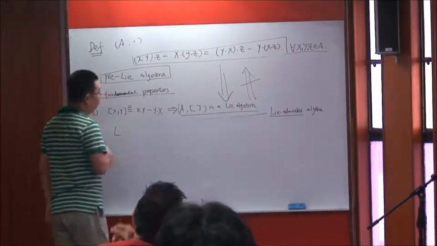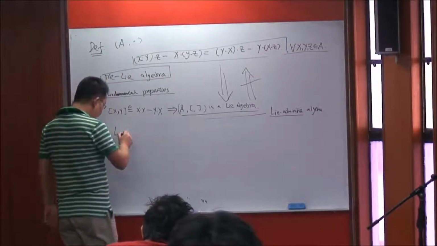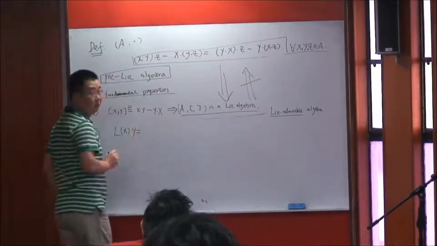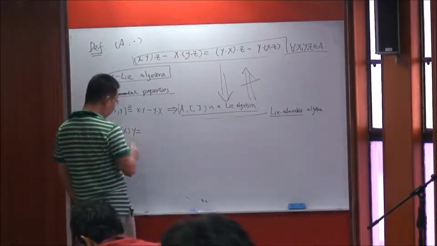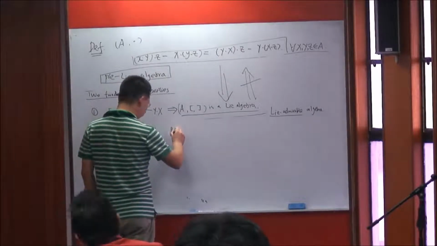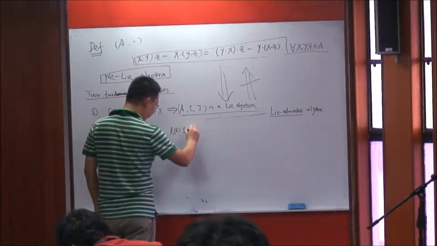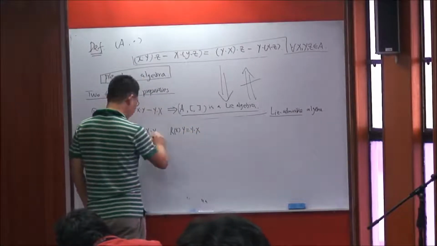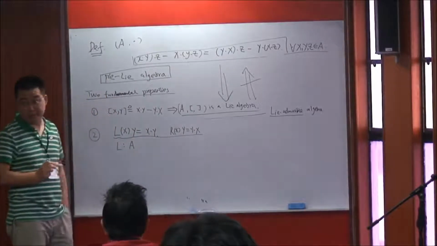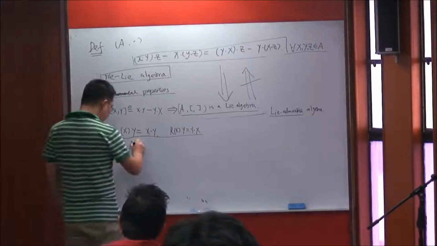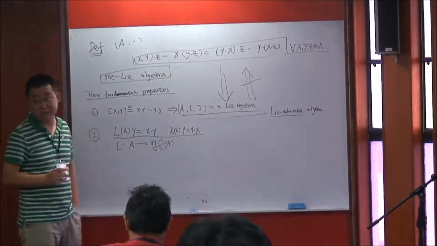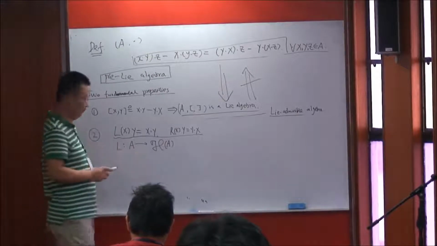If we define for pre-Lie, the left multiplication operator L_x y equals xy, and R_x y equals yx. Then L, we denote, is a linear map from A to gl(A), the linear transformations of A. Okay?